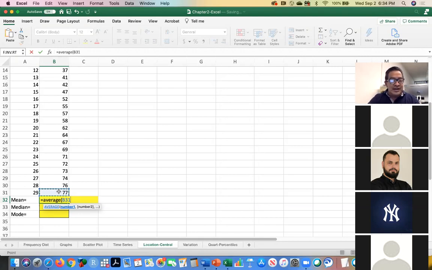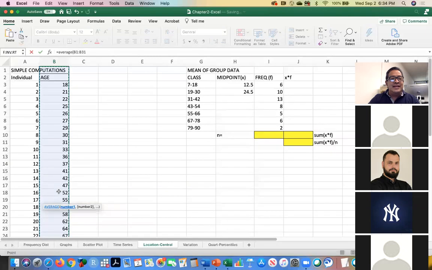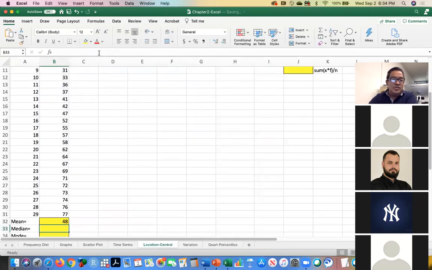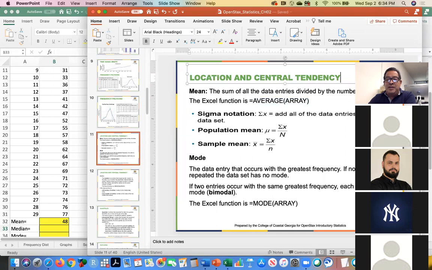So what I do is I click shift and then the arrow up, so I am sure I am highlighting the data that I want. Then I add the closing parenthesis. So that's going to be the mean. In this case, it is the sample mean, so we have the sample mean and the population mean.